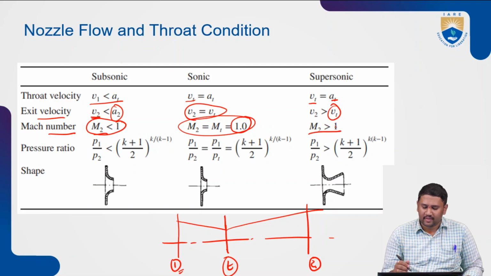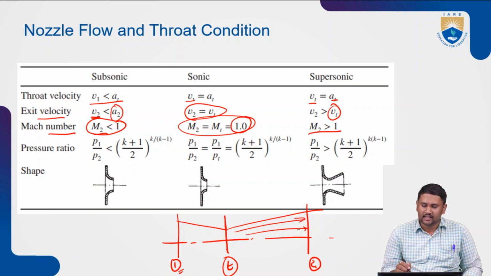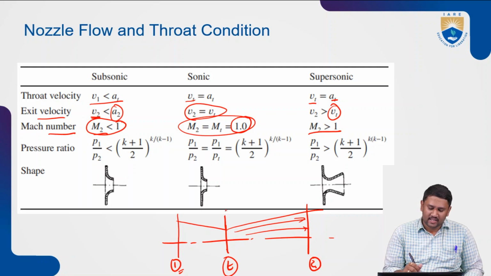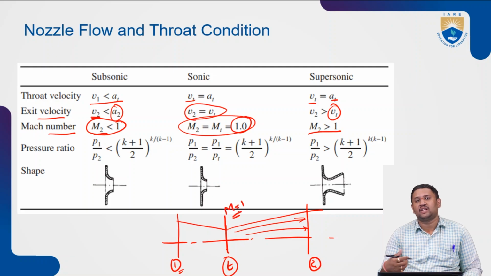Whereas for supersonic, as it is continuously expanding, the Mach number increases to more than 1. Mach 1 is already reached at the throat, so if it expands further, it adds energy to increase itself to Mach more than 1.